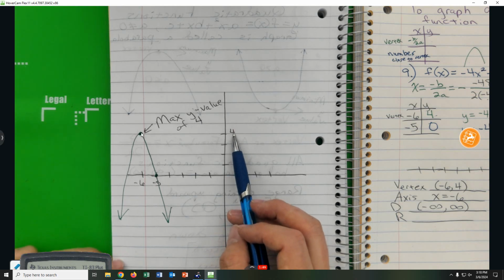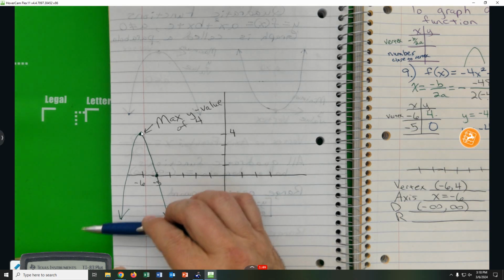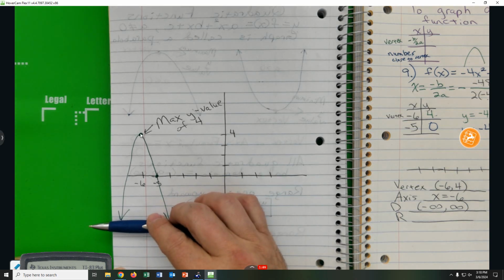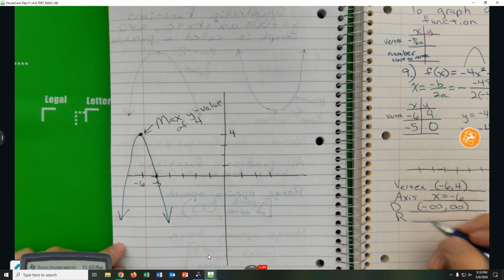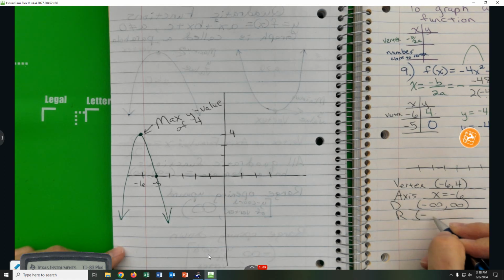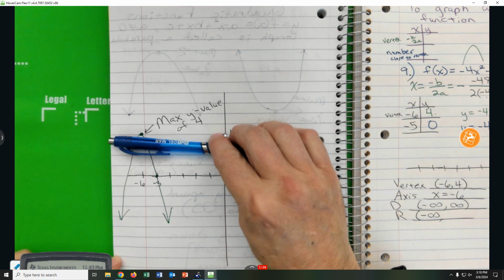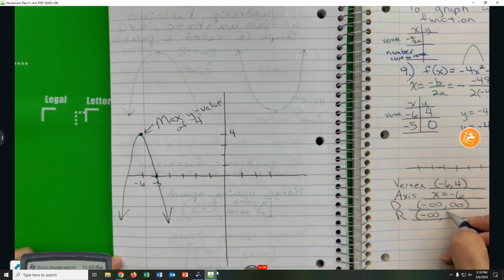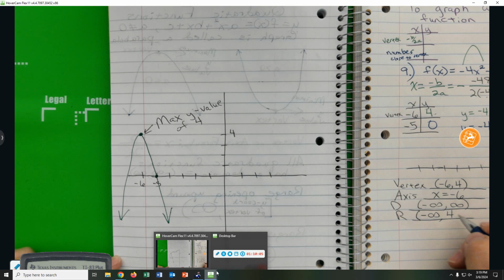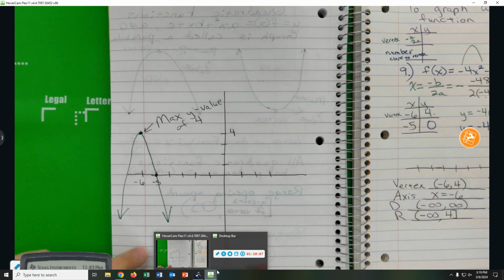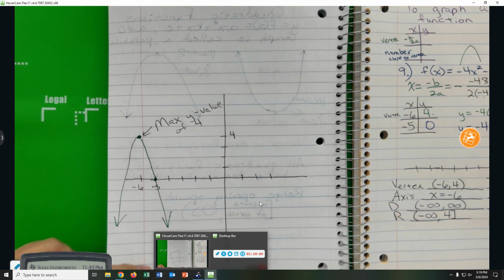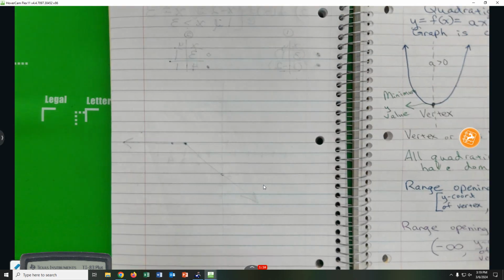That's the biggest y value possible. So the arrowheads are down here, which says what? Negative infinity. You always put a parenthesis in front of a negative infinity. Up to, where does it stop? 4. What goes after the 4? A bracket.